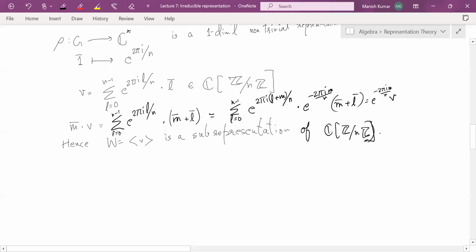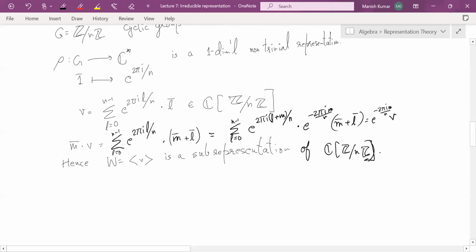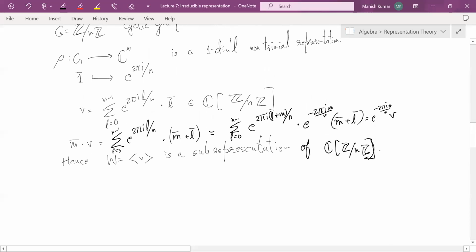So we want to give an equivariant map from rho to KG.